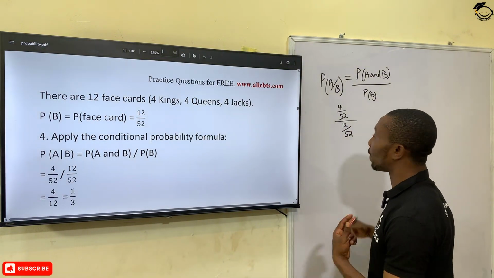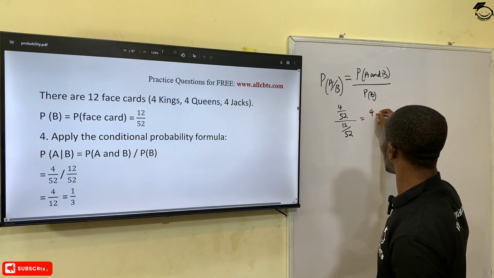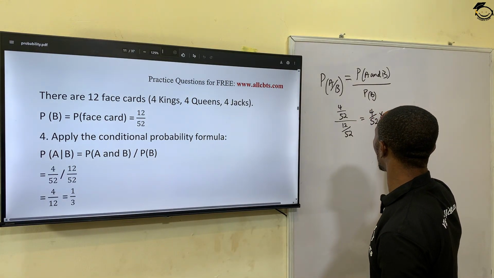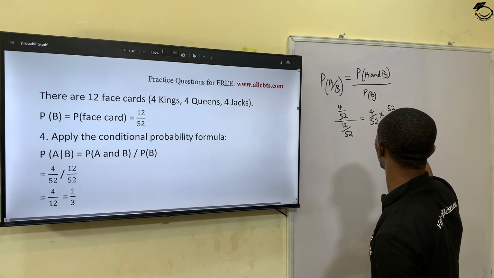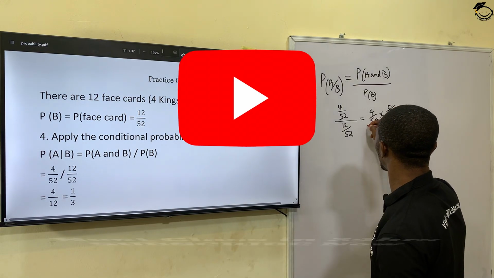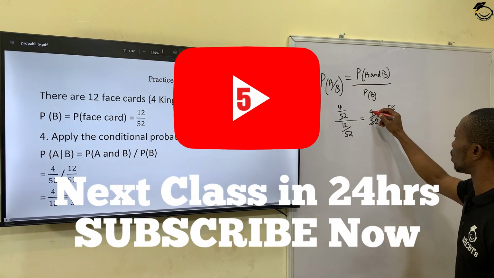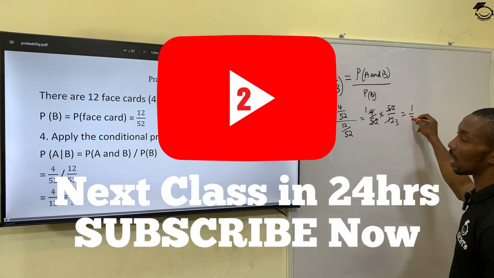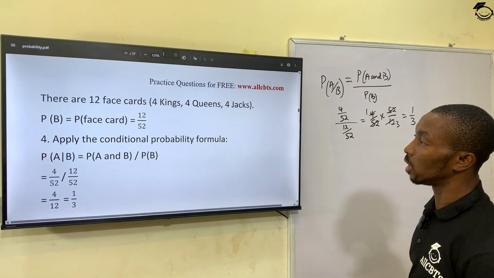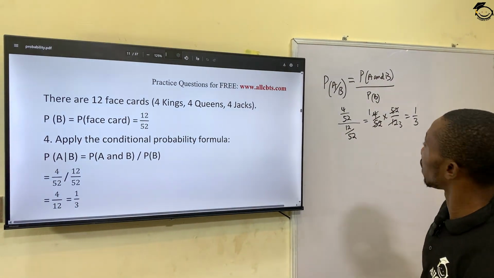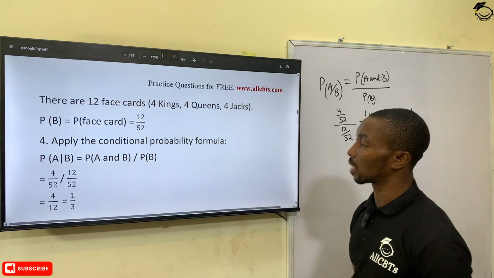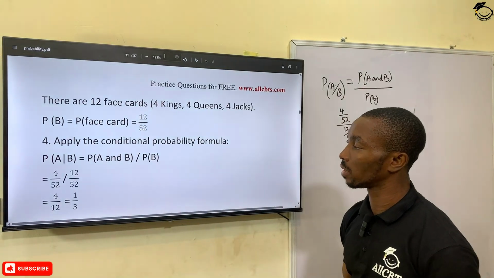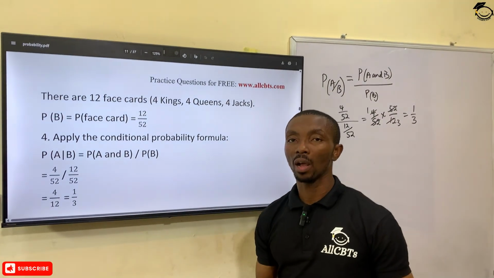So, the inverse of this will give us 4 over 52 times 52 over 12. This will cancel this, leaving us with 4 over 12. 4 here 1, 4 here 3, which gives us 1 over 3. So the probability of drawing a king given a face card out of our pack of cards will be 1 over 3.